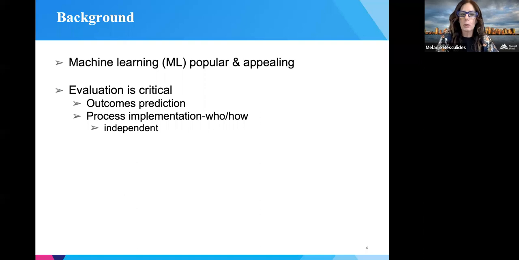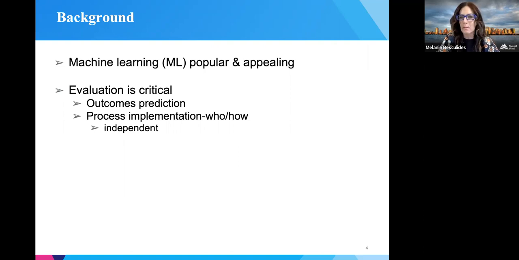So in thinking about machine learning, we all know that it's incredibly popular. It's incredibly appealing. Obviously, we can process massive amounts of information with a computer in ways that humans just aren't capable of doing. So that's great. But machine learning techniques have been really criticized for their limited usability, their interpretability, and their effectiveness, especially in the clinical care setting.